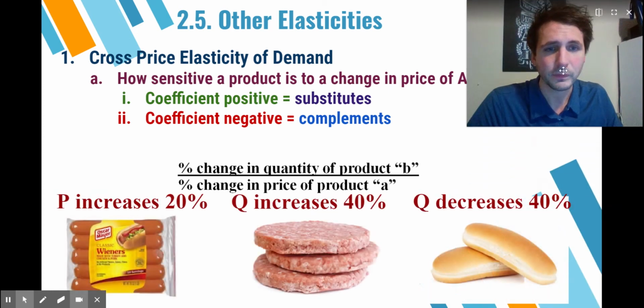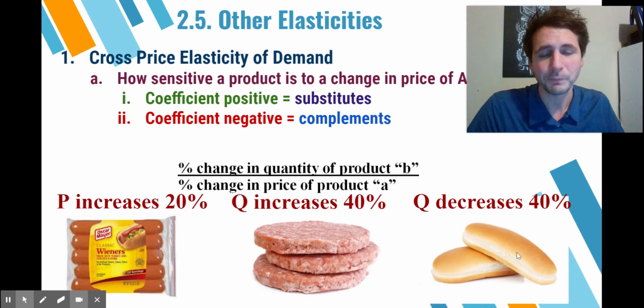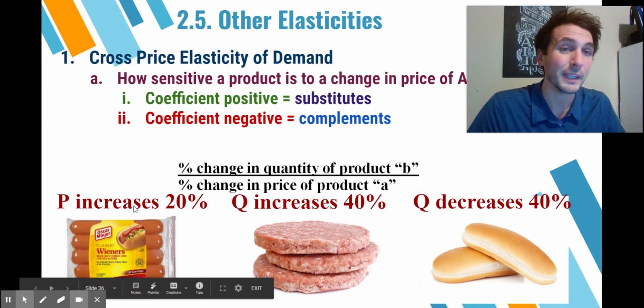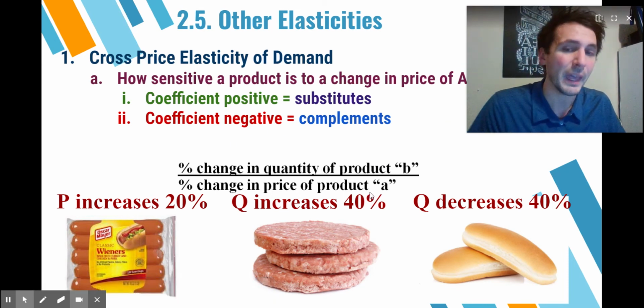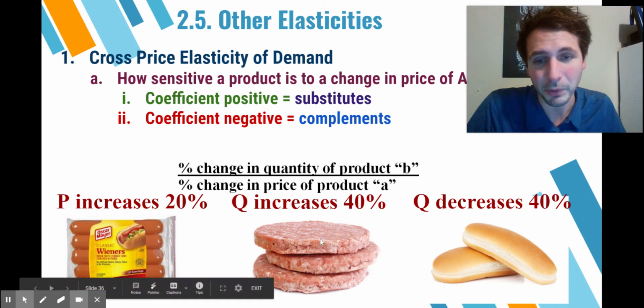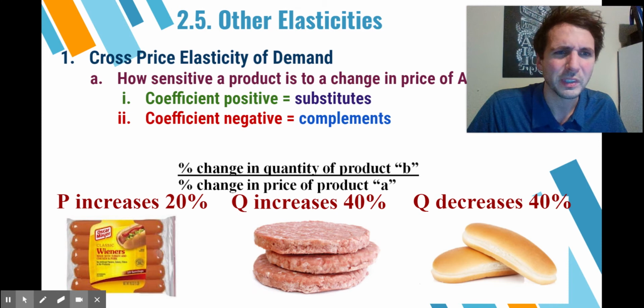For example, let's say we have hot dogs, hamburgers, and hot dog buns. If the hot dog price increases by 20%, what impact does that have on hamburgers? I guess I could have picked actually cooked burgers. Raw meat is a little disgusting, but I hear there are people that eat meat that way.